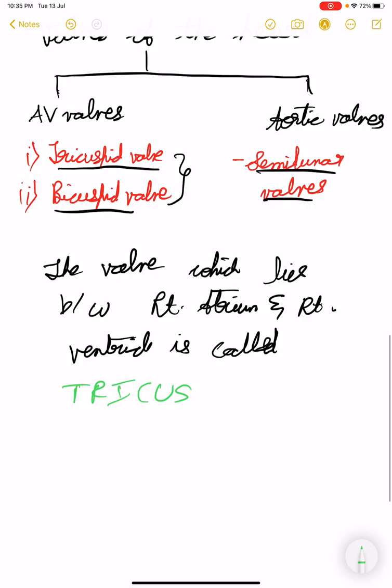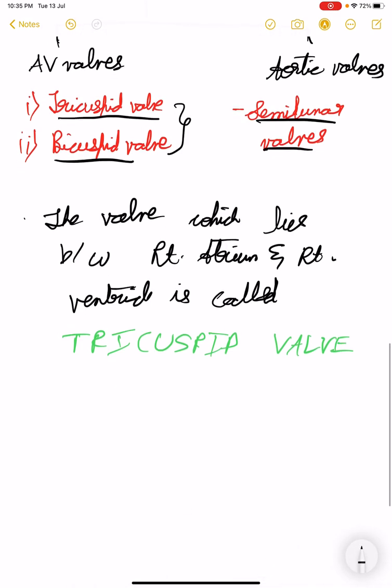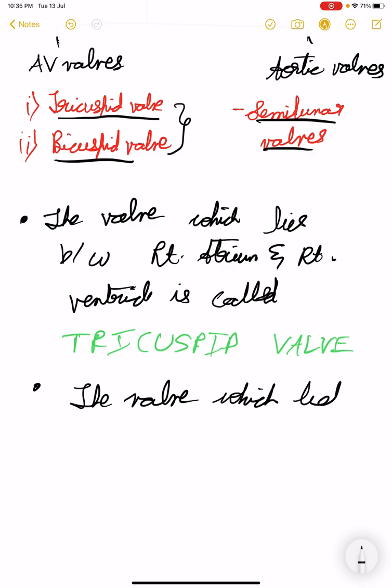This one has three cusps. On the other side, bicuspid wall has two cusps. The wall which lies between left atrium and left ventricle is called as bicuspid wall.